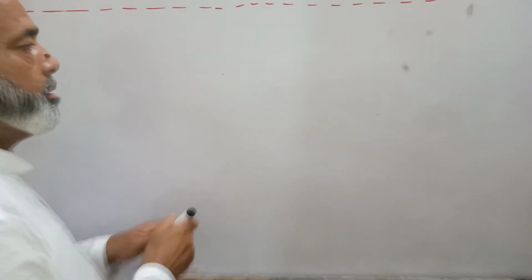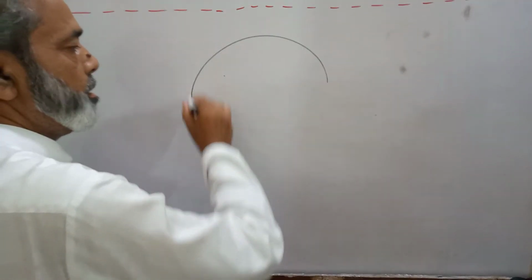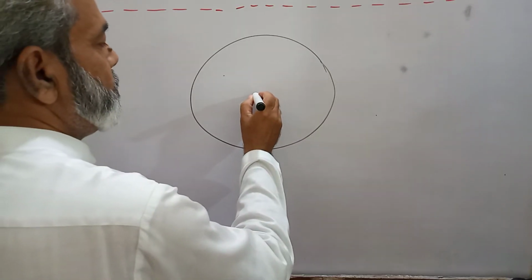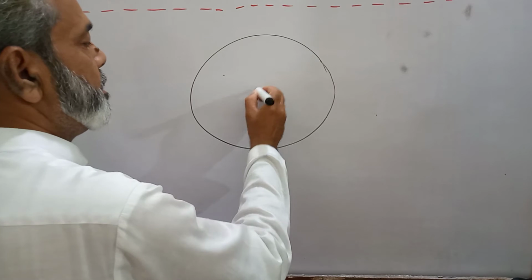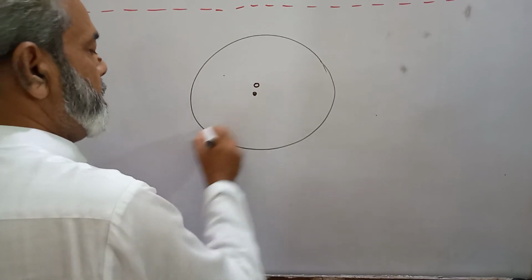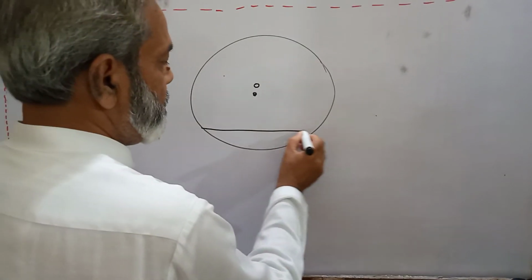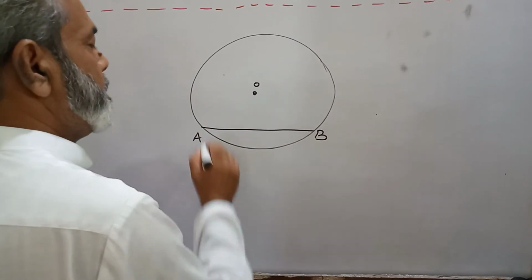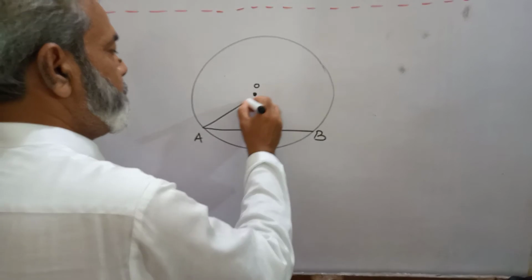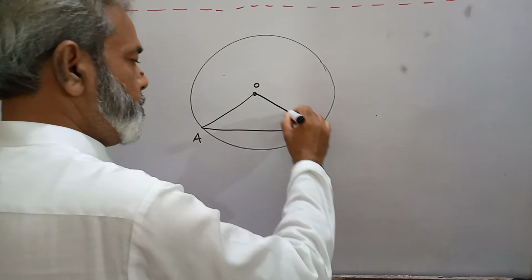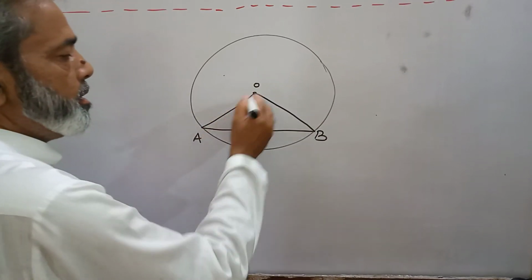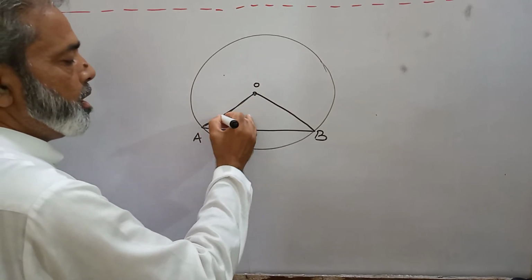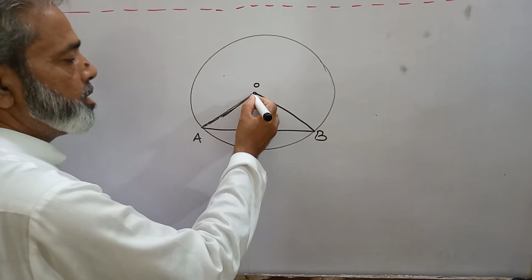In this circle, O is the center of the circle and AB is the chord. If we join O to A and O to B, you can see these two lines OA and OB are the radii of the circle.